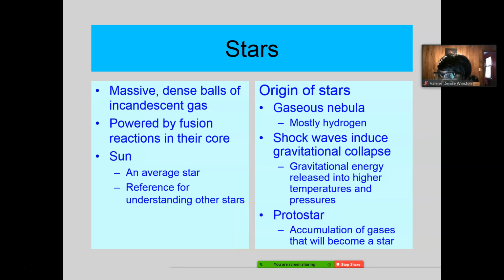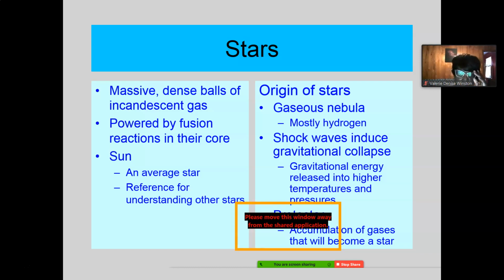When we're 93 million miles away, the sun is still providing enough heat to keep us warm. And then it's sending out that much heat into all the rest of space, and only a few planets pick up any of it. The rest of them are just seen by other stars, if they have anyone to see them. So that's what we mean, powered by fusion reactions at their core.